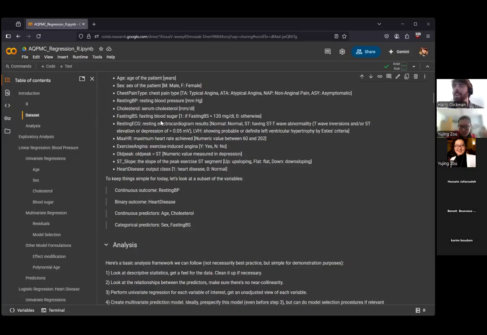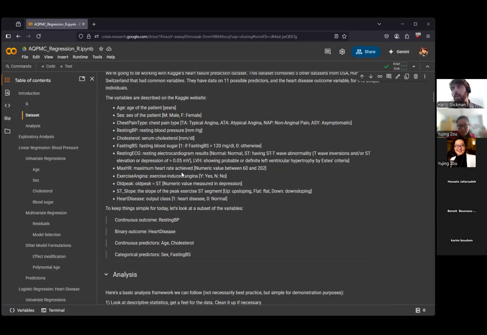Whether they have high fasting blood sugar, so whether they have unhealthy blood sugar or not, their EKG values at rest, ECG in the States, their maximum heart rate in an exercise test, whether they had pain in an exercise test, and some other parameters having to do with their EKG in this exercise test, and then whether they have heart disease.